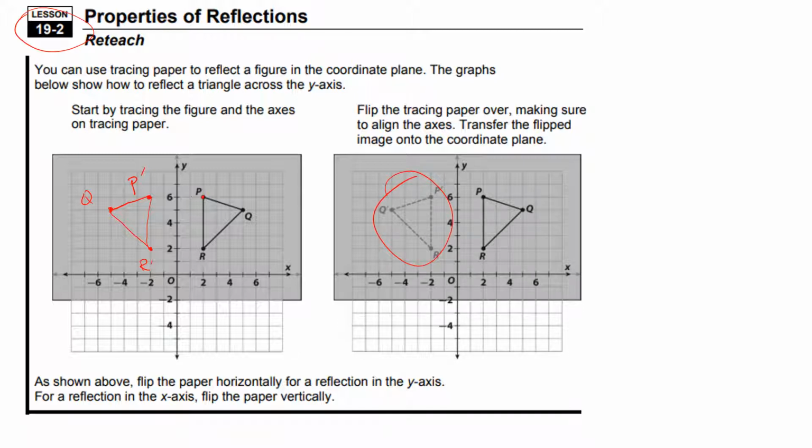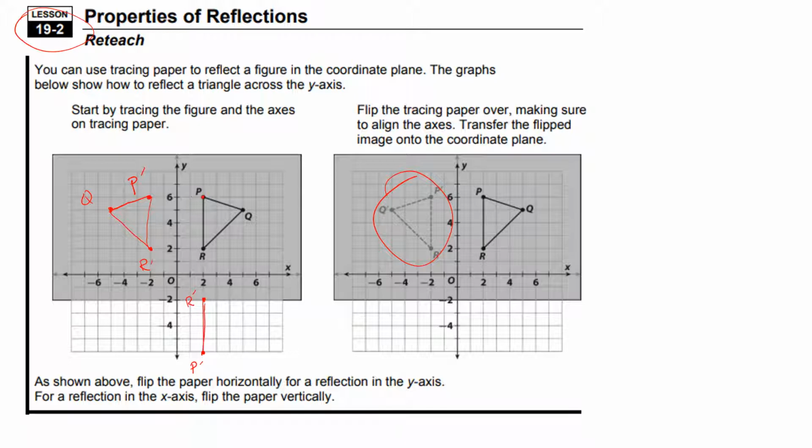Okay, there you go. Now, if we did it about the x-axis, that would look like this. I'm going to do it fairly quickly here. R to R prime goes 2 to the line of reflection, so R prime would be right here. P prime: P is 6 above there, so I count 1, 2, 3, 4, 5, 6. P prime would be on the other side there.